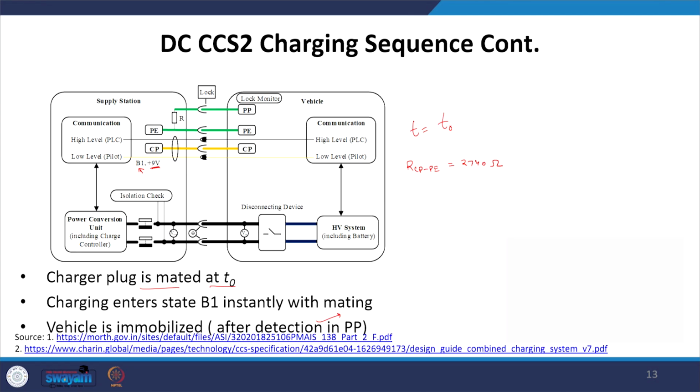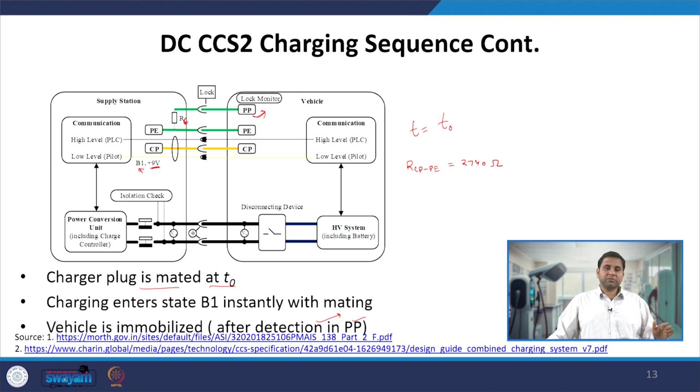That is important, because the proximity pilot will determine that. The moment the PP line is detected, the vehicle detects that the correct plug has been plugged in via the PP line, by detecting the voltage at the PP line which is defined by the R6 resistance. Depending upon that, if the vehicle sees a voltage within the specified limits, then the vehicle will immobilize itself.